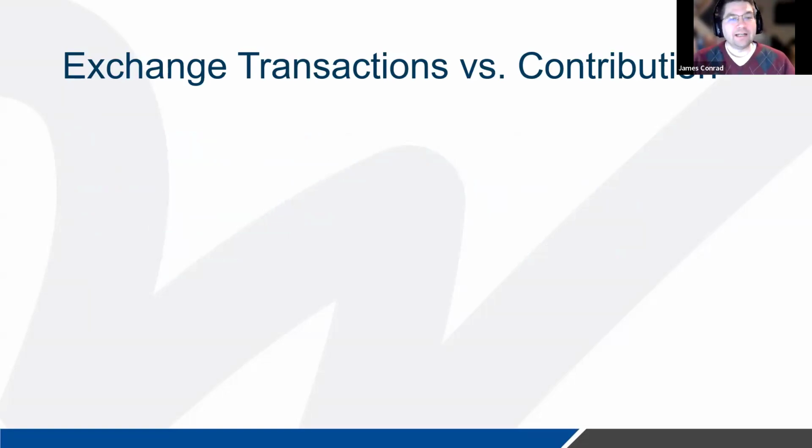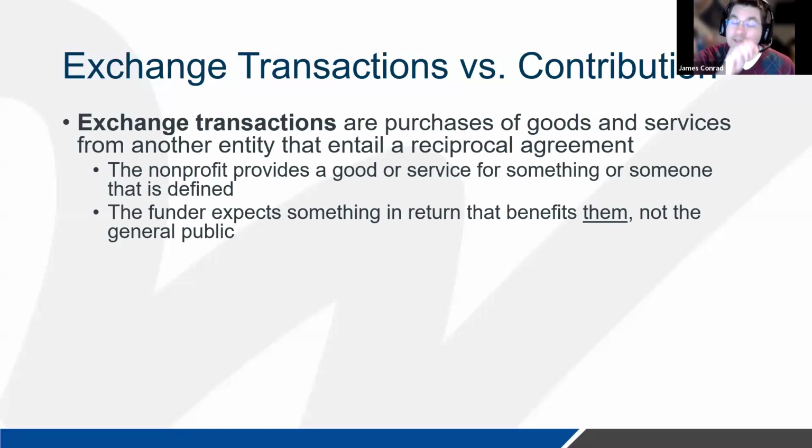Okay, so early on, I mentioned the exchange transaction. Exchange transactions are purchases of goods and services that entail a reciprocal agreement. So imagine when you go to the grocery store and you give them money, you take food and you have groceries. There is a give and take with that.